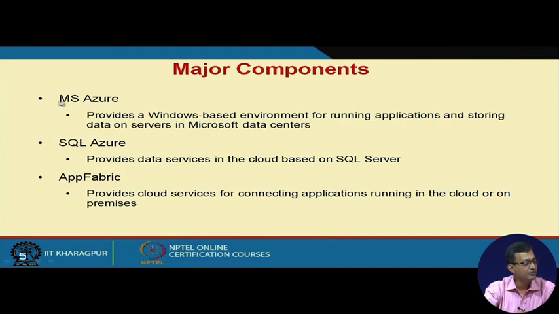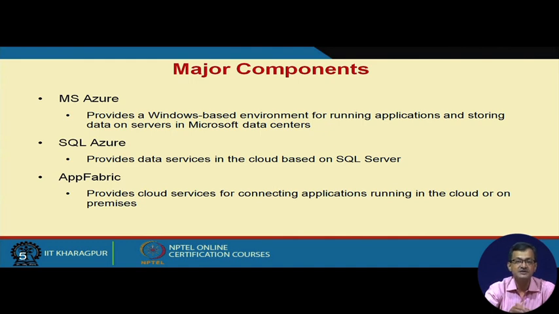If you look at the major components, Microsoft Azure provides a Windows based environment for running applications and storing data on servers in Microsoft data centers. SQL Azure provides data services in the cloud based SQL Server, and App Fabric provides cloud services for connecting applications running in the cloud or on premises servers and other things.